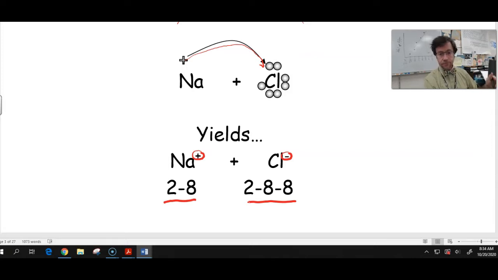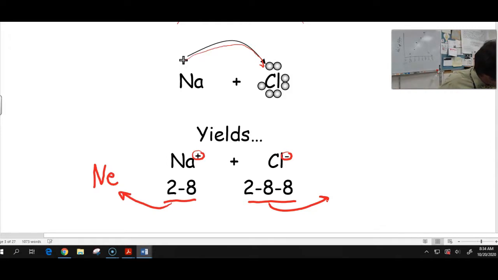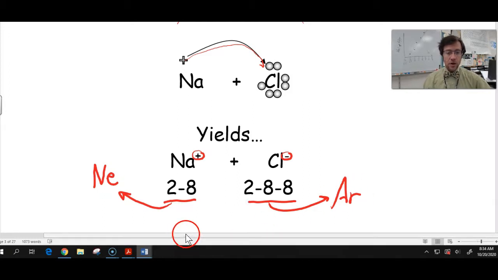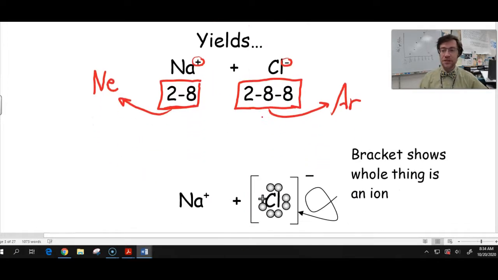Sodium's is 2-8, which looks just like neon, and chlorine's is 2-8-8, period 3, which looks just like argon. They're super stable. So they like to ask you which noble gas configuration the ions have, just so you know these electron configurations are unbelievably stable. And now that we have the ions, they stick together because of their opposite charge.